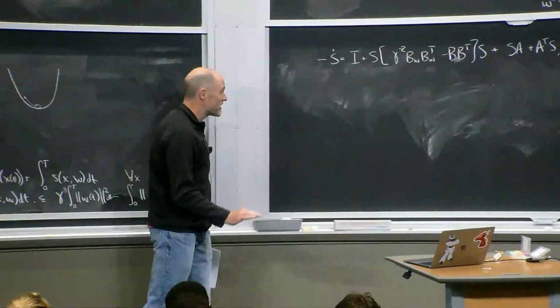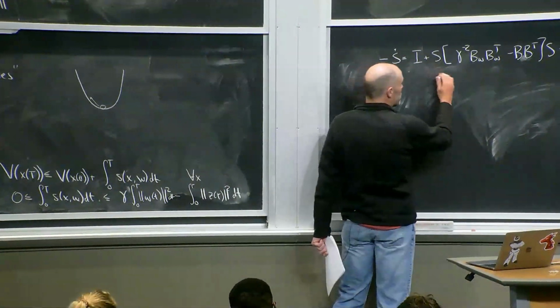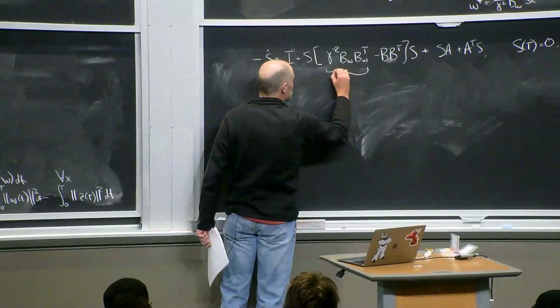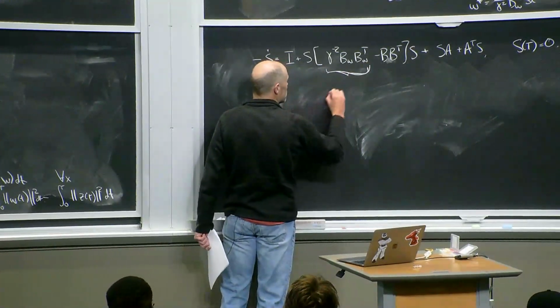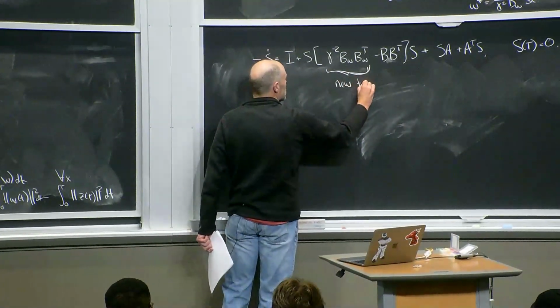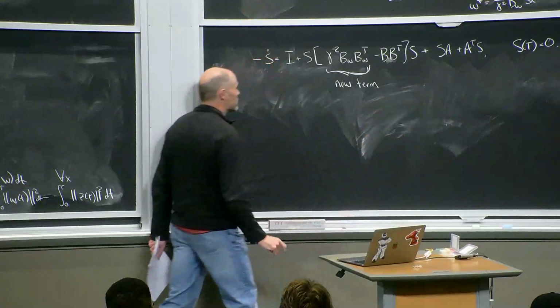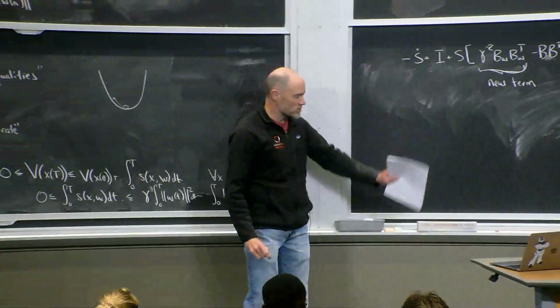This is almost identical to the Riccati equation we had before. It just has this one new term. Okay. And there's the infinite horizon version, and there's the finite horizon version.